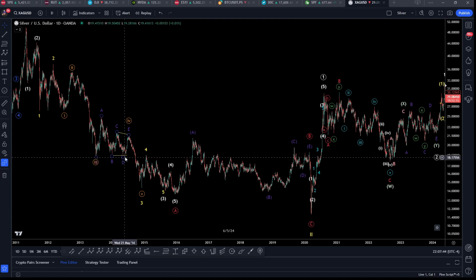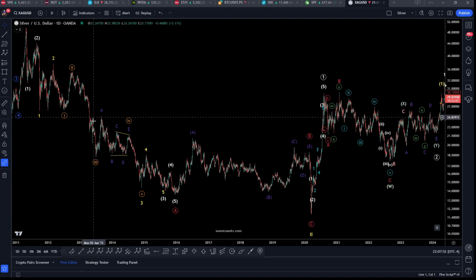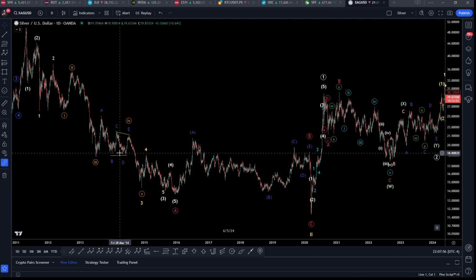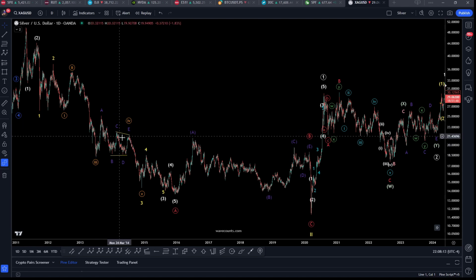First triangle of the day here. Right here in this orange 4, this triangle is called a barrier triangle. Okay, where we got A, B, and D generally stop in the same price area. Okay, there's no strict definition on how far D and B have to be apart here. It's just generally in the same price range. But A, C, and E have to contract.